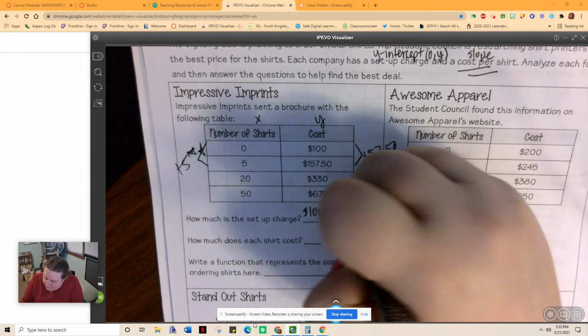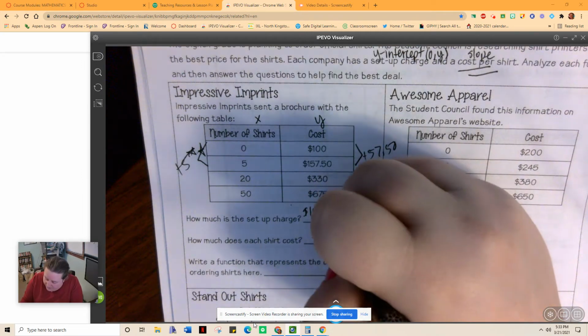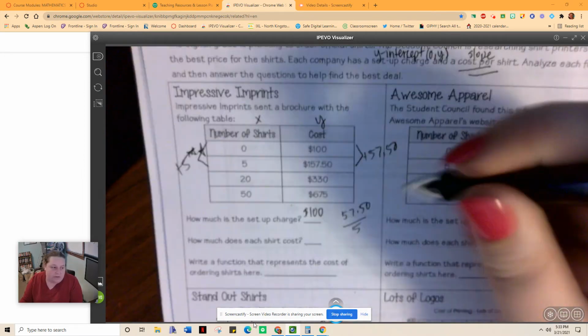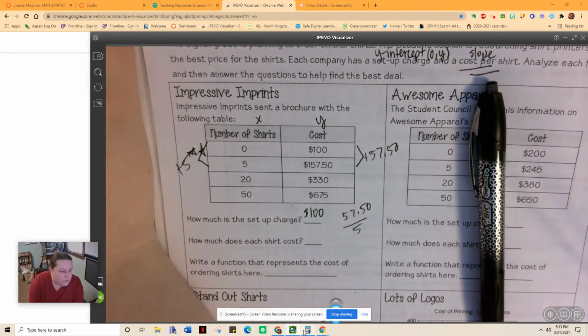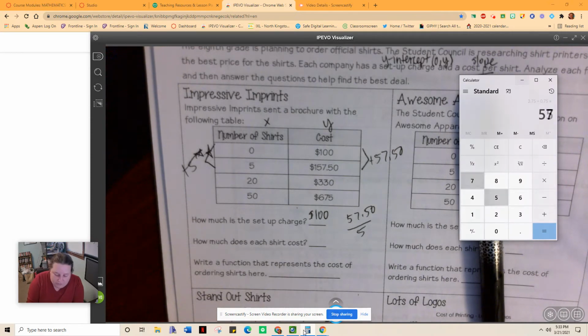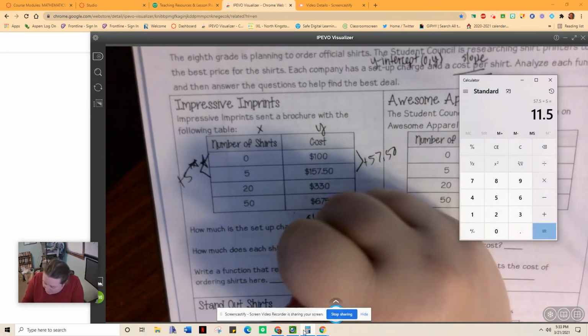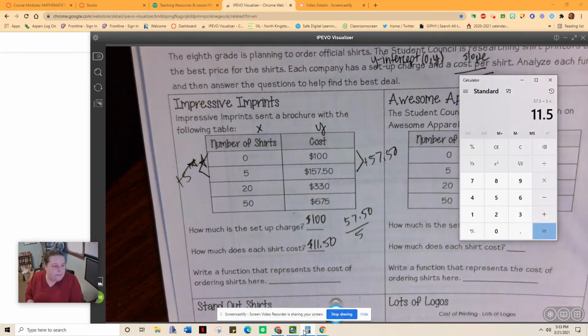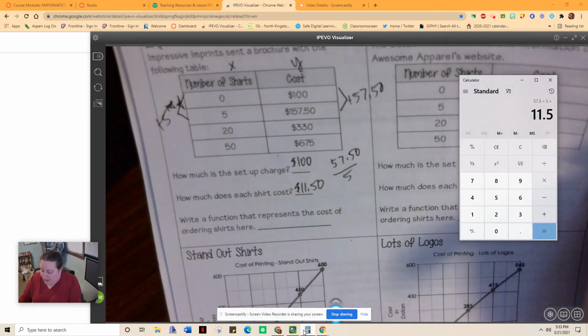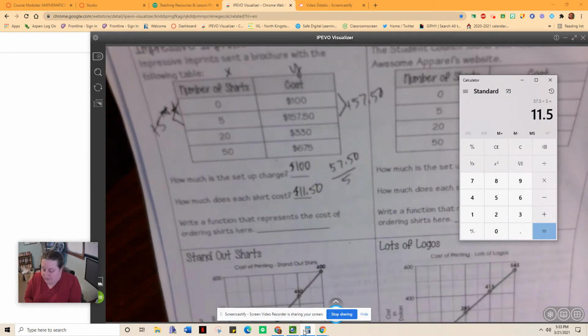So that means the slope is $57.50 over 5. So $57.50 for 5 shirts. We can simplify that to $11.50 per shirt.